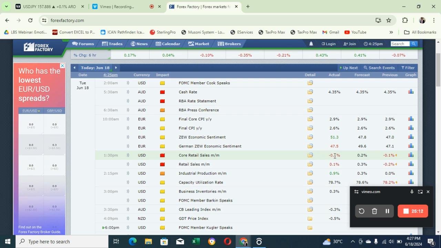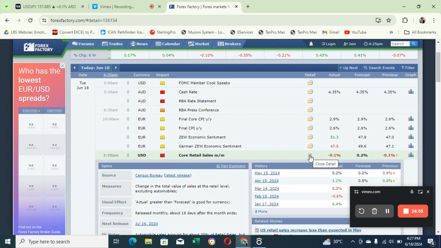So you can see the result of the news. This is the forecast that is going to be 0.2. The previous one is minus 0.1%. When the news actually came out, there was no significant change in the market. So it measures the change in total value of sales at the retail level.